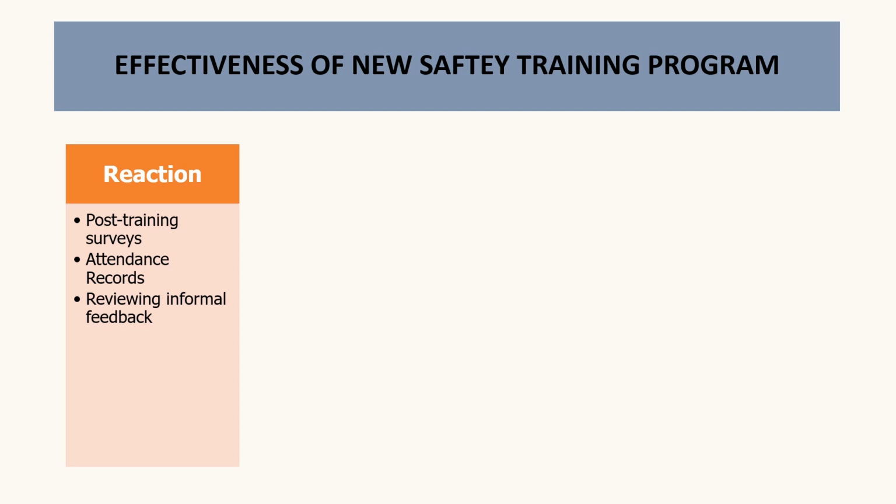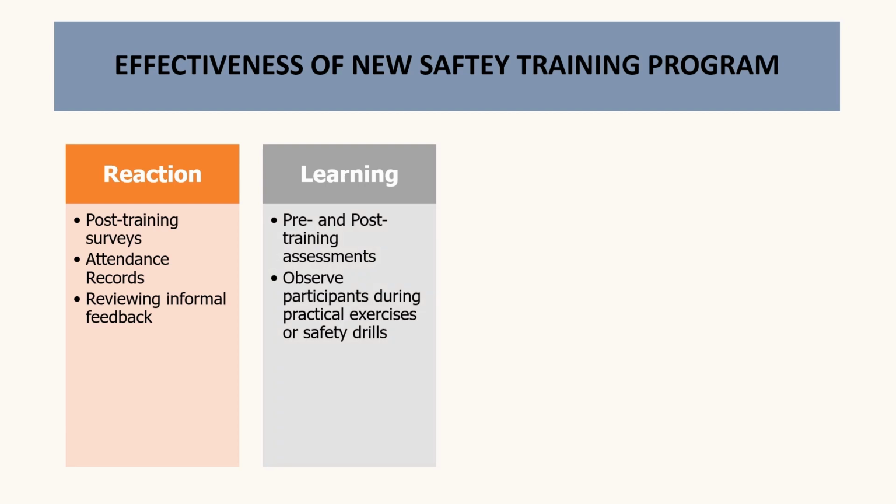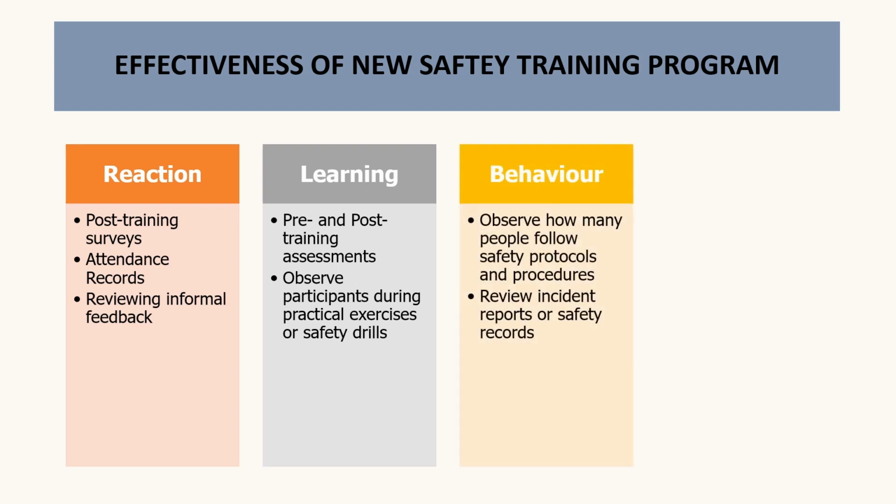Next, to evaluate learning, we can conduct pre- and post-training assessments and observe participants during practical exercises or safety drills. Next, for behavior change, we can observe how many people follow safety protocols and procedures, and review incident reports or safety records.